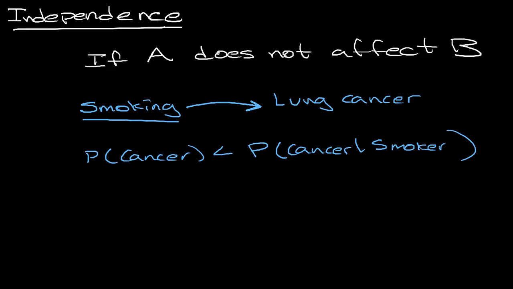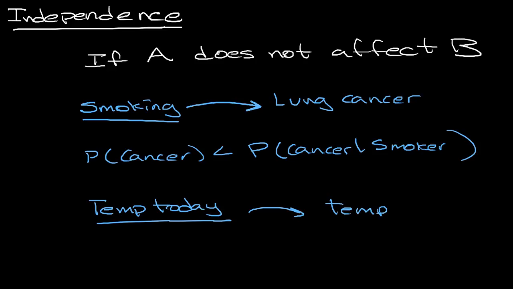So this is an intuitive example of two dependent events. But another quick example of independent events may be the temperature of today and the temperature of 1 month ago. Well, the most likely thing is that the temperature 1 month ago has little effect on the temperature of today, or maybe the temperature of 2 months ago, or you got the idea.